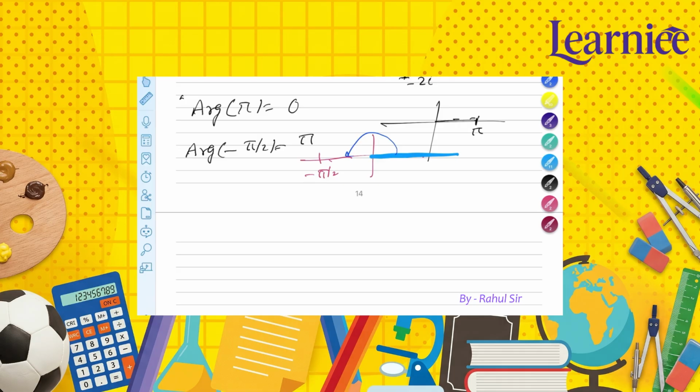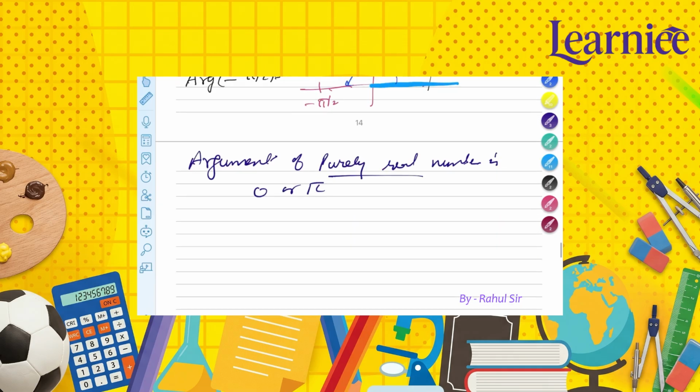An important thing we should know is that the argument of a purely real number is 0 or pi. A purely real number will lie on the real axis, either positive or negative.